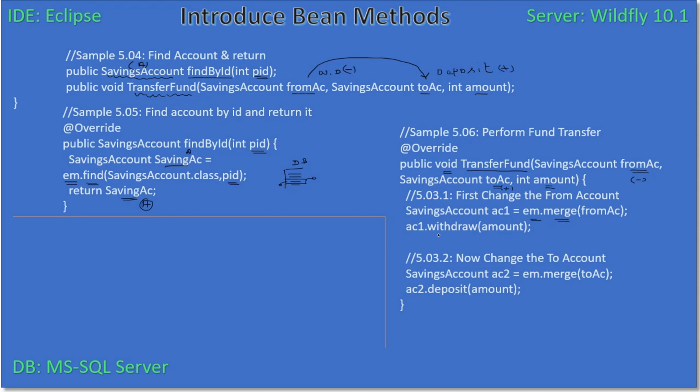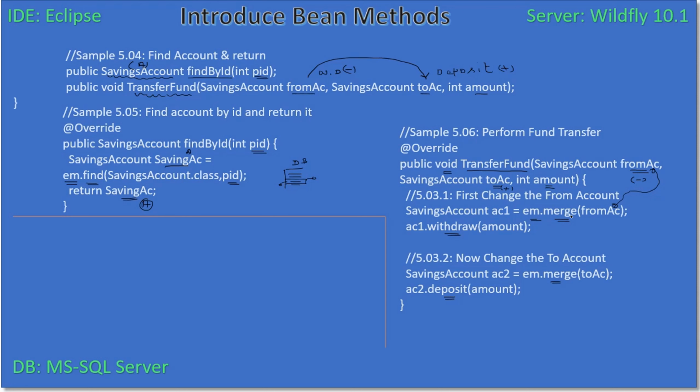Then we are making a call to AC1.withdraw. So for the second account, once again we are making use of merge. Then we are making a call to deposit. So here we are doing withdraw, here we are doing deposit. And if you see, the from account itself is an entity, and to the merge method we are supplying this incoming parameter, which is nothing but our savings account.